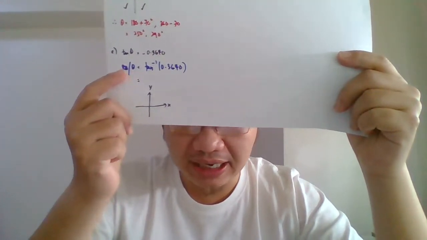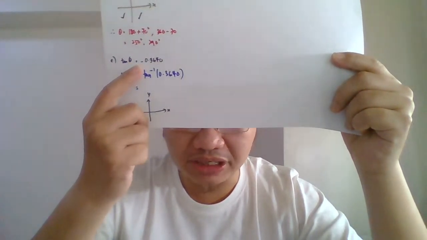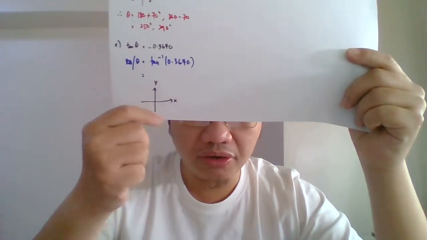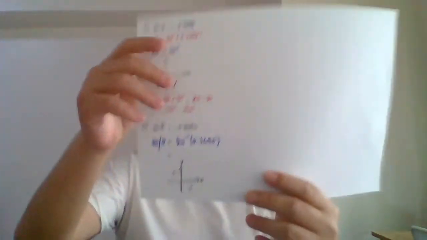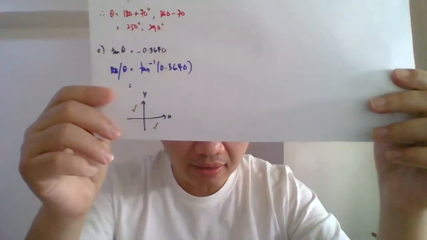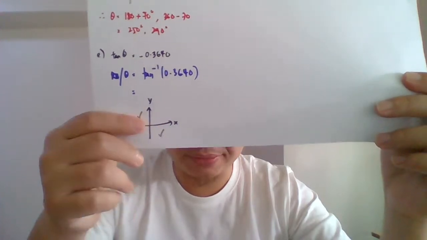Since the question here is tangent theta equals negative, which quadrant will give us a negative value for tangent? The first quadrant is positive for all, and the third is positive, therefore the second and fourth quadrants will give us the negative value of tangent.